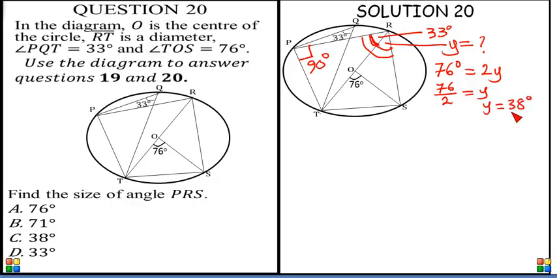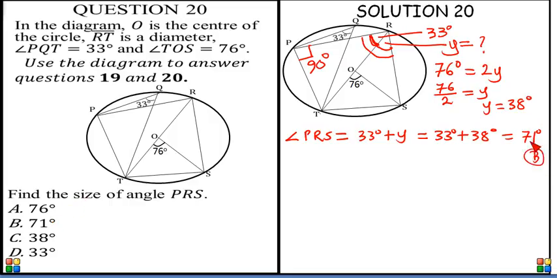Having gotten Y, we can go ahead to say angle PRS, which is the actual thing we're to find, is equal to 33 degrees plus Y, which is 33 degrees plus 38 degrees. And what's that going to be? That is 71 degrees. The correct option is option B. Option B is the correct option.